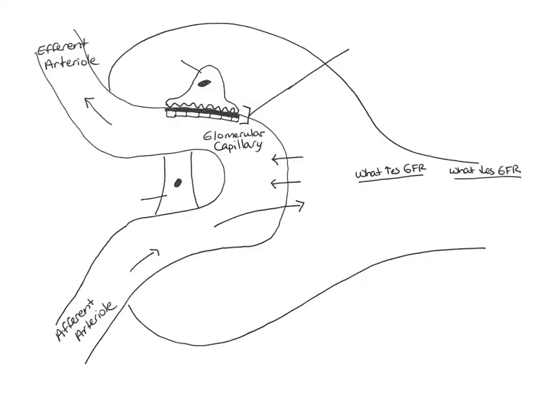So let's take a look at this picture again, and I want to go over a couple of other things that are on here. So again, this is our glomerular capillary right here. This whole thing is. And I'm just showing one capillary, although we know there's a bundle of capillaries. And then there are these cells, and I drew one here. So there's the cell, and then there's the nucleus of the cell, and that cell is called a mesangial cell.